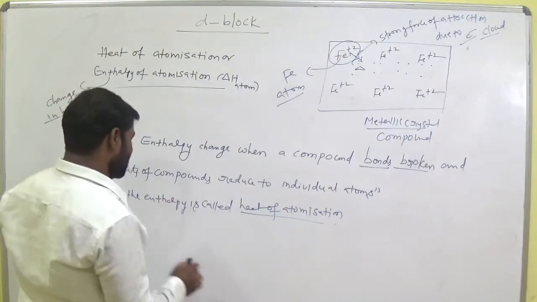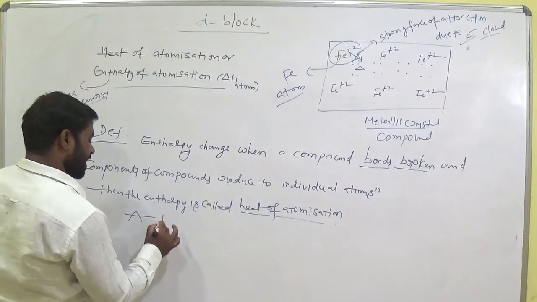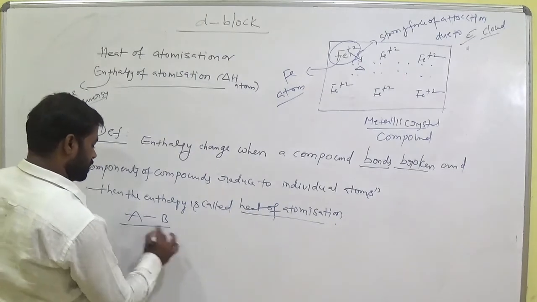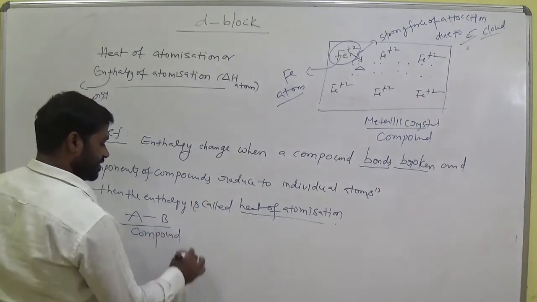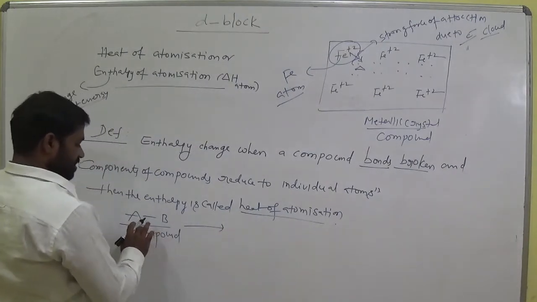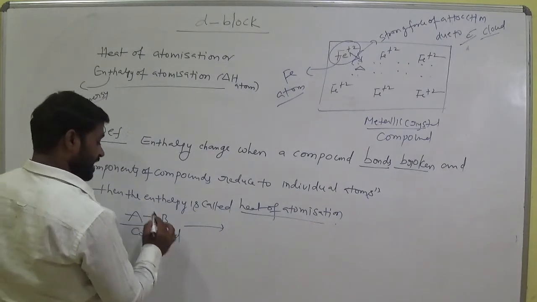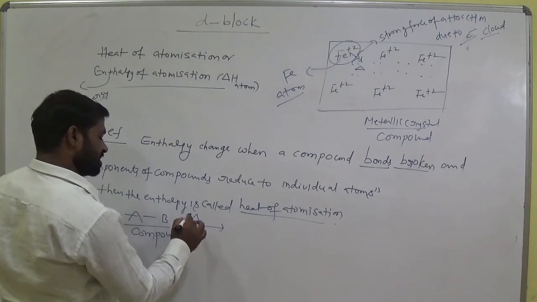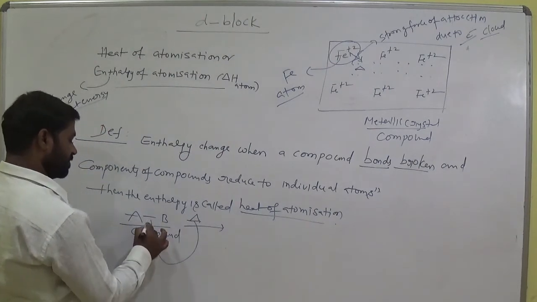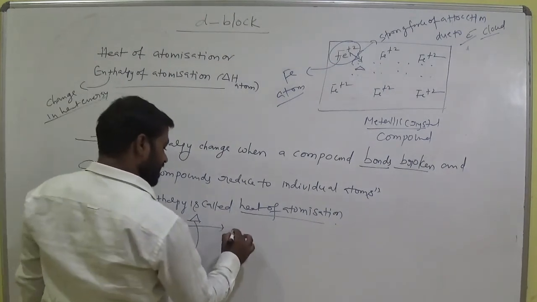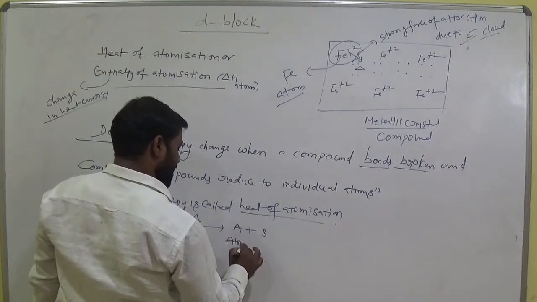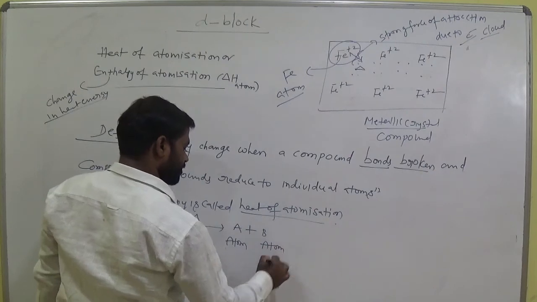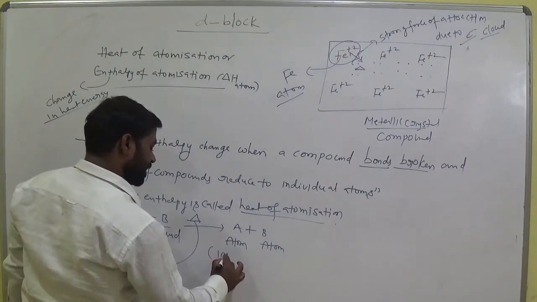For easy understanding, let us take AB. It is a compound, and this is the bond between A and B. We offer some heat energy to break this bond. Then it becomes atom A and atom B, individual separate atoms.